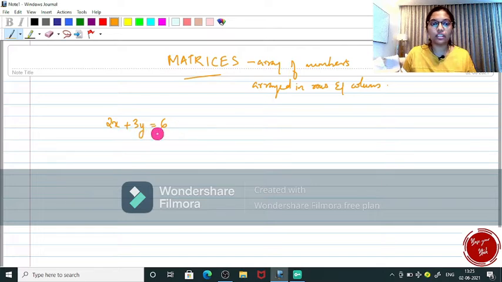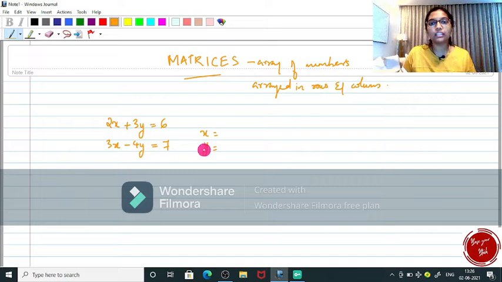So this is a linear equation, and let's take another linear equation, that is 3x minus 4y is equal to 7. So we have two linear equations, and we can solve these two equations and get the values of x and y, isn't it?